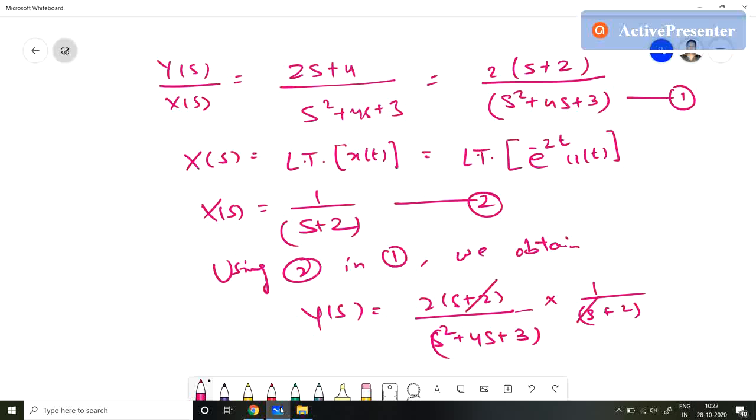So this will cancel out, so it is equal to 2 divided by (s square plus 4s plus 3).